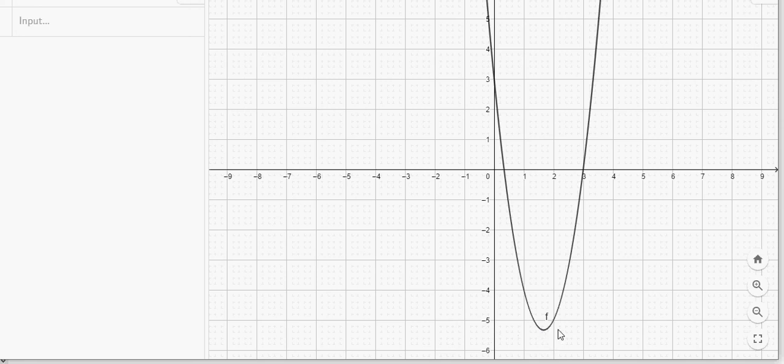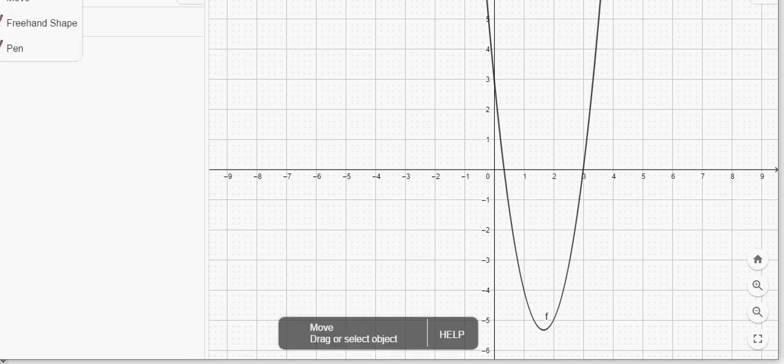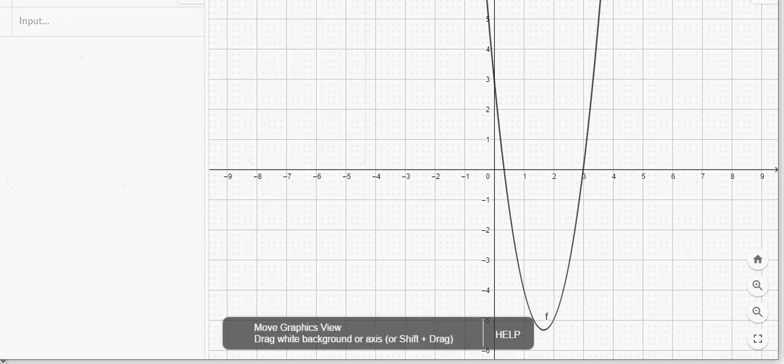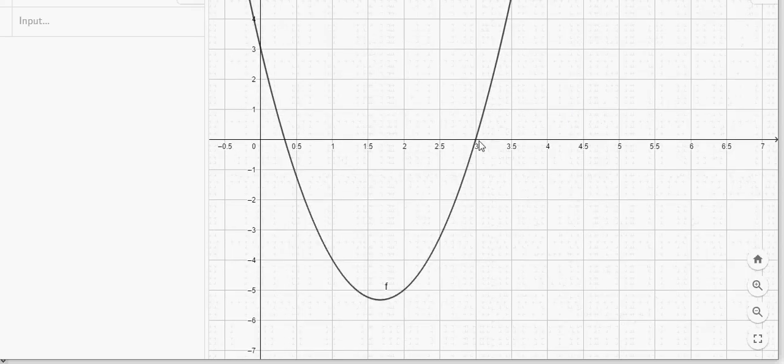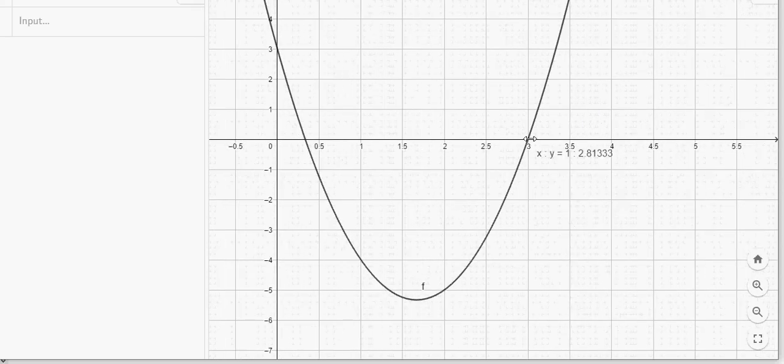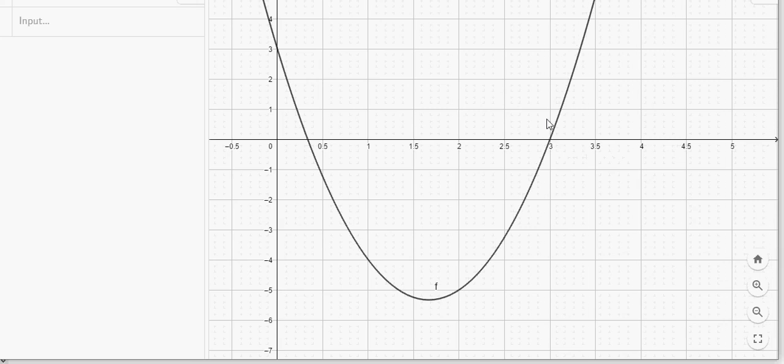Does this graph have 2 real roots? What do I mean by real roots? Does it have 2 real roots? How do you know it has 2 real roots? You drew a graph and hit the x-axis twice. Without drawing the graph, how would you prove it has 2 real roots? We did a full section on this.